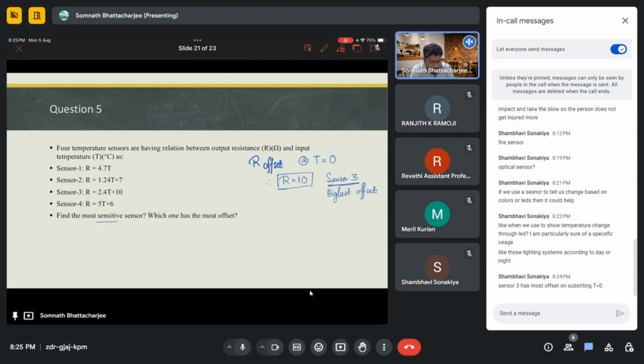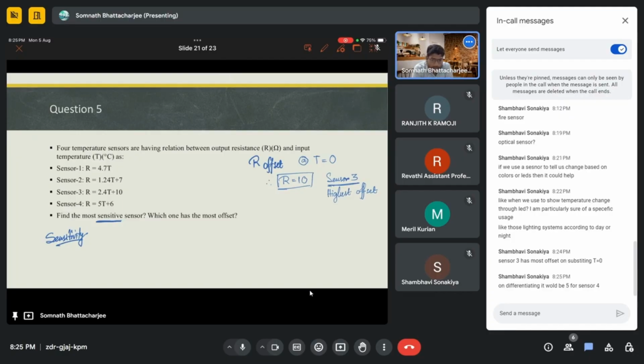What about the sensitivity? Yes, this is also correct.